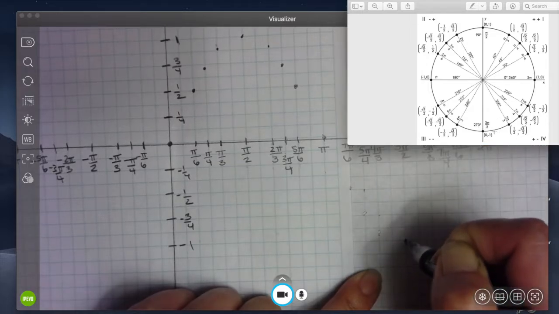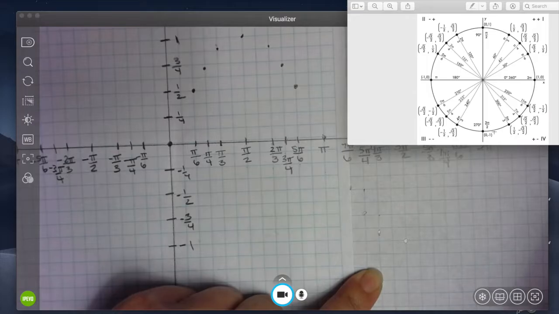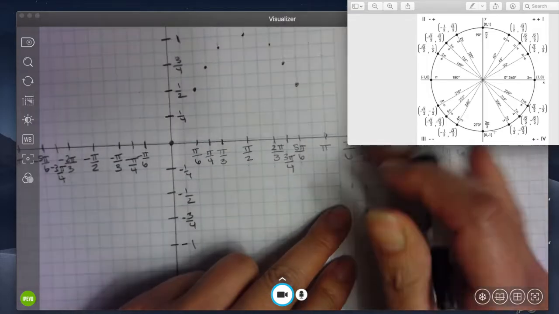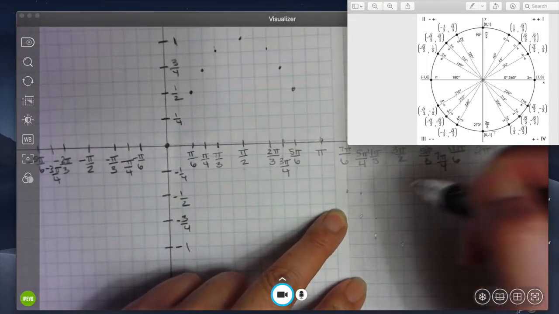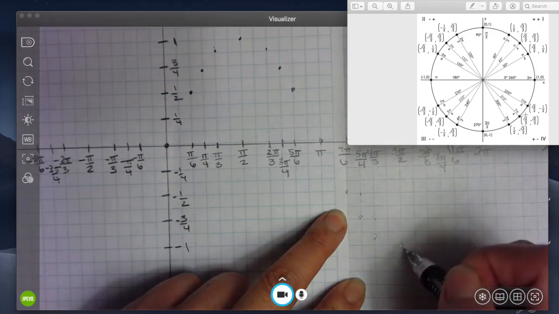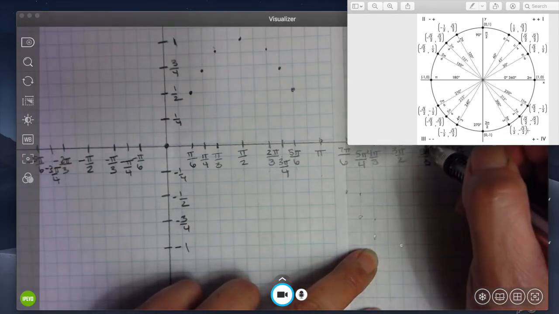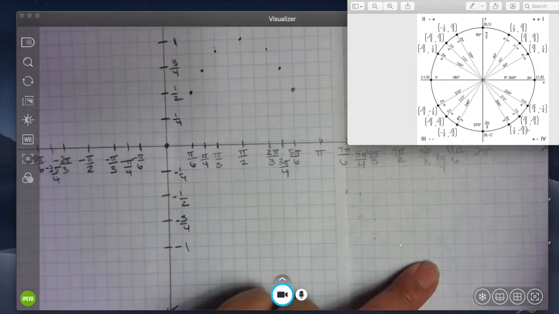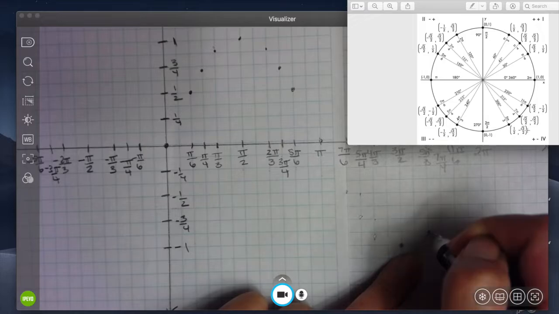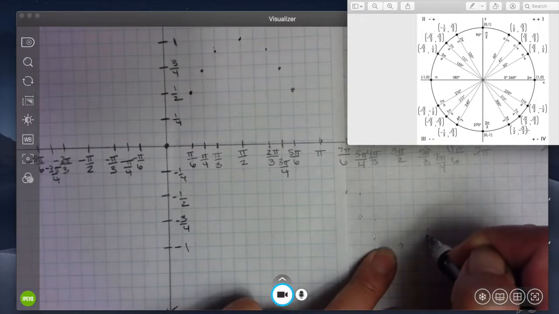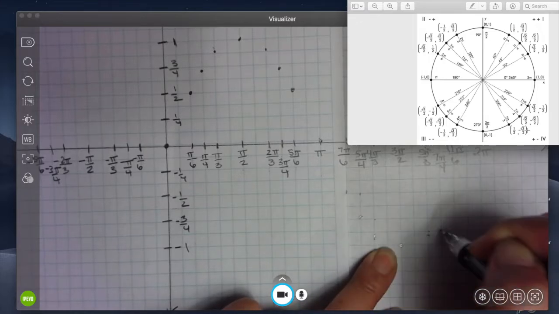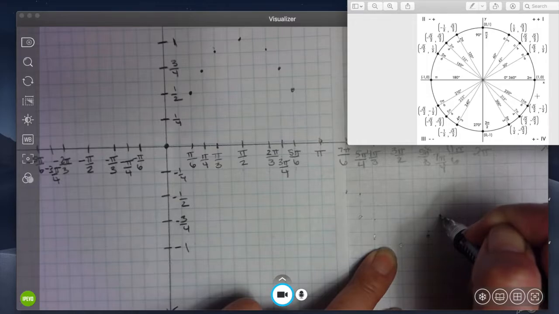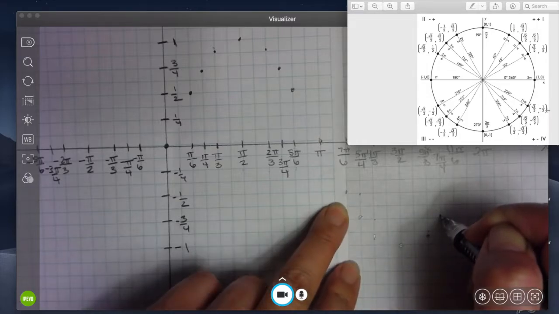And then we're going to keep going around here. Okay, 5 pi over 3, look at your unit circle, negative square root of 3 over 2, which is negative 0.87. Look around here, and then we're going to match it to make a nice little round curve. 11 pi over 6, right here, it's going to be negative 1/2.